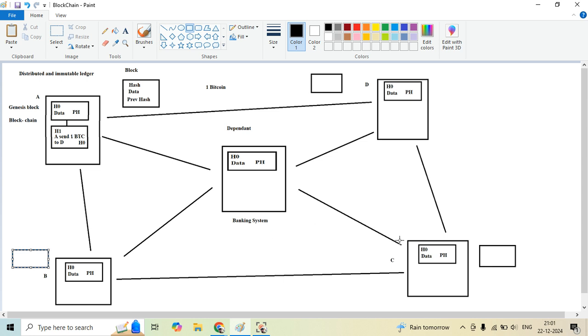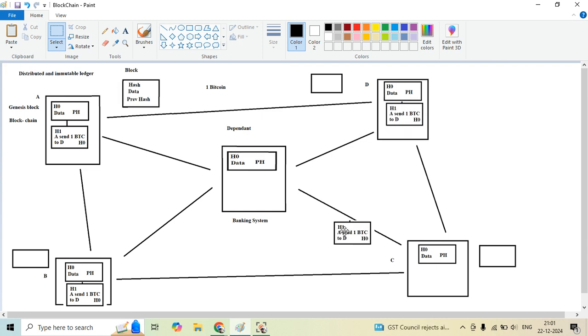A, B, C and D are seen as nodes, and only then will the new block be added to the blockchain, to all the nodes, when it is accepted by more than 50%.